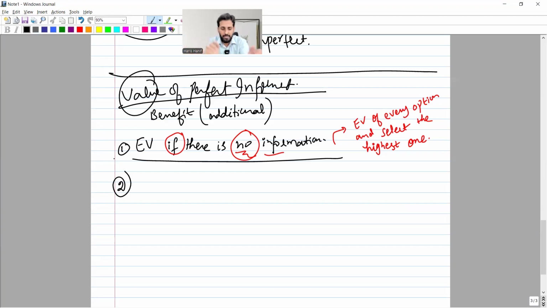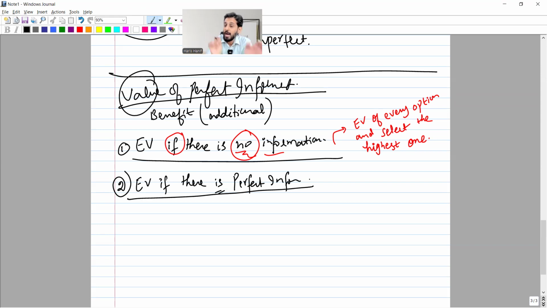Please note that your decision making should be based on the market. What does this statement mean? It means you have to calculate EV and identify the option having the highest value following the uncontrollable element.